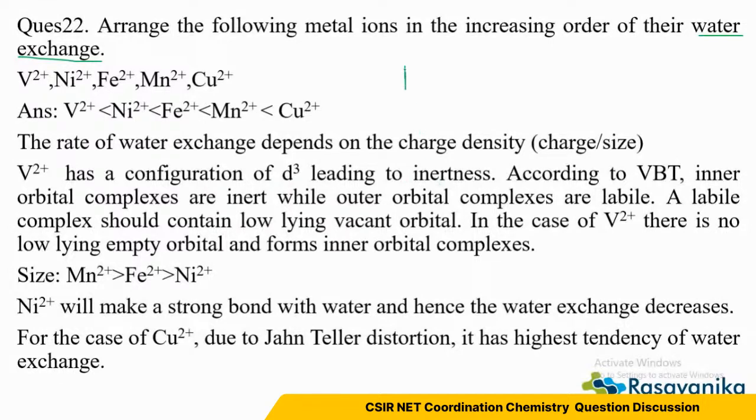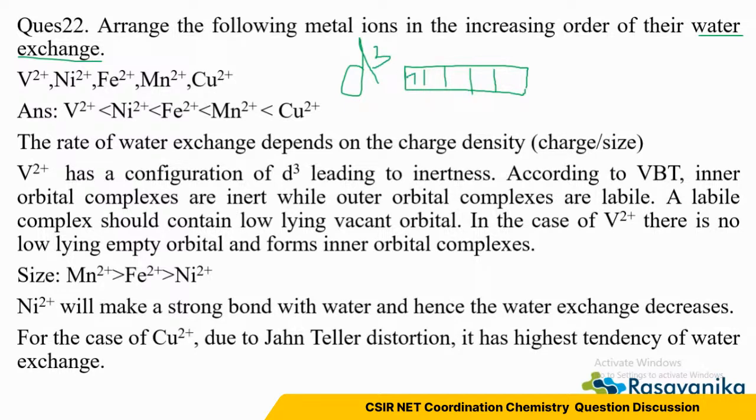Now you can see that vanadium 2 plus, if we draw it like this here, scandium, titanium, vanadium, right? So 3d3, 4s2, vanadium. And if we remove two electrons, it becomes d3, right?